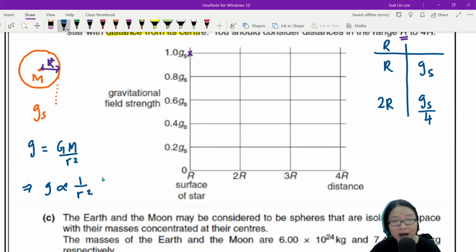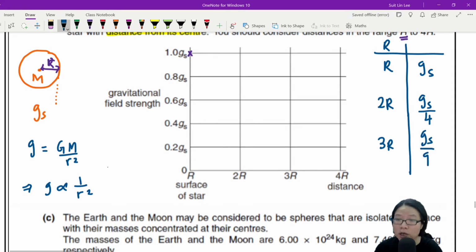The further you are, the weaker it is. When it's 3R, this will be GS over 9. Use your ratios to help you. When it's 4R, this will be GS over 16. So we are talking about 1 over the factor.